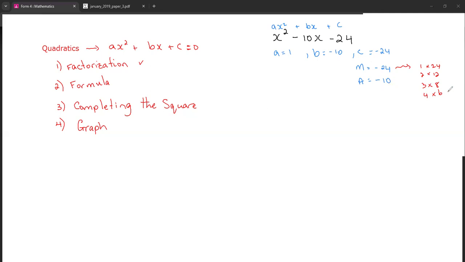I know you guys are thinking, Miss, 6 and 4. Yes, but in order for me to get negative 10, it must be negative 4 and negative 6. But when I multiply those two, it will become positive 24.